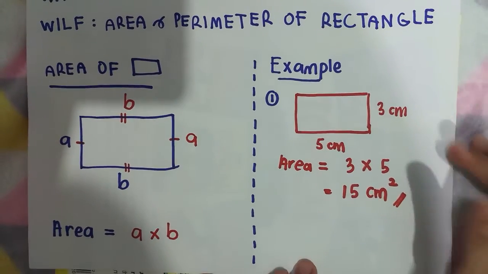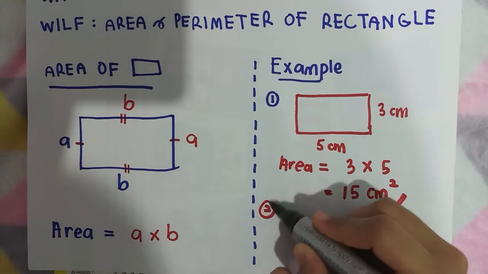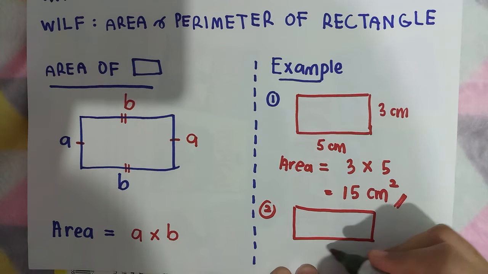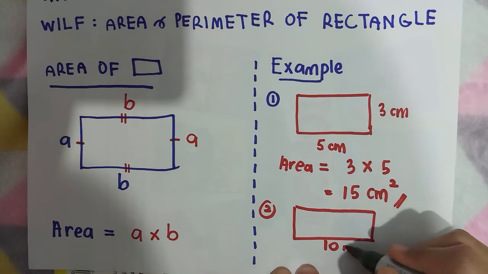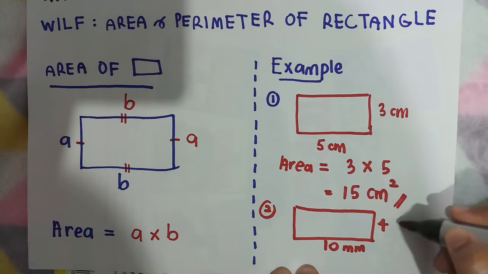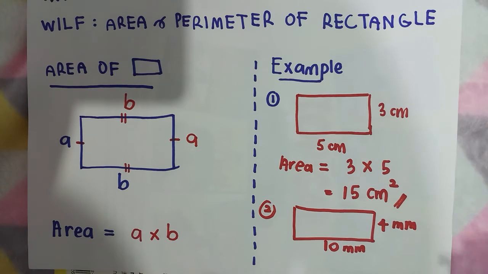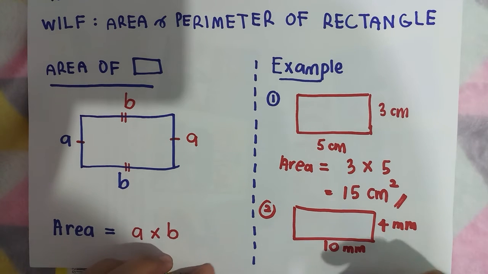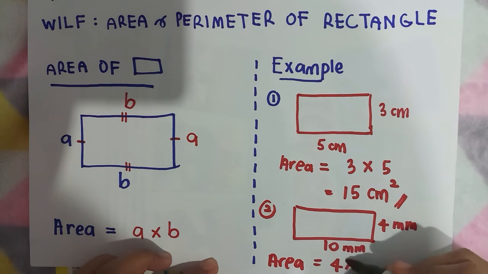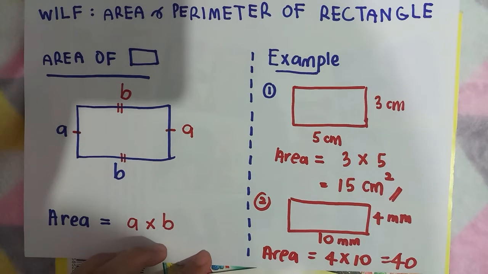Another example, example number 2. Let's say I denote this side by 10 mm, millimeter, and this one is 4 millimeter. What is the area? For this question I changed the unit. Area is just A times B, so 4 times 10 equals 40. What is the unit now?